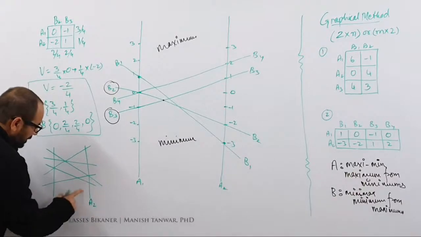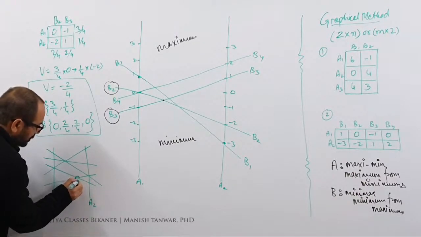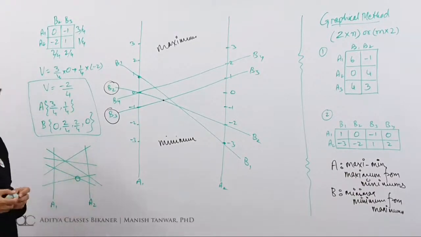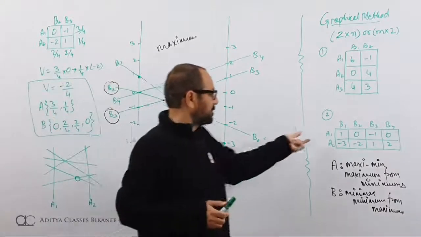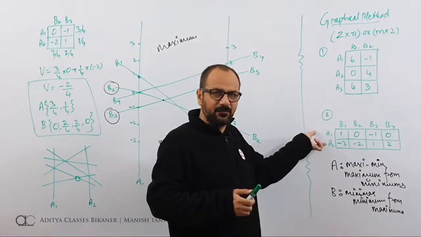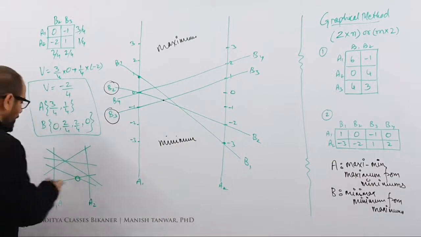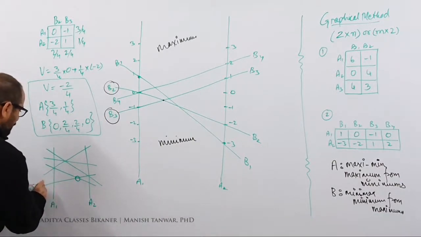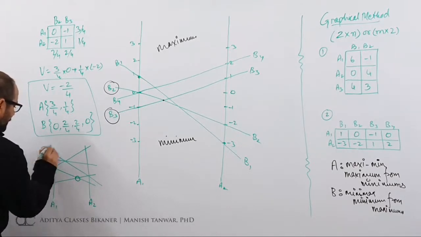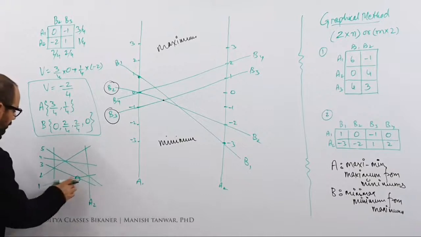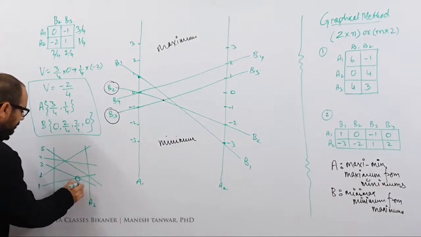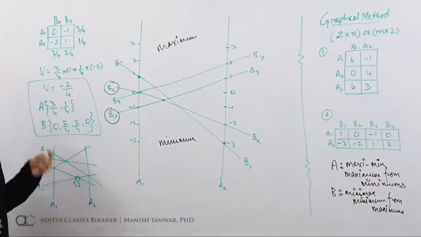This is the minimum area and this will be the maximum point. So if you get a graph like this for strategies of A1 and A2, then definitely I have my best point at this, and you can call these strategies 1, 2, 3, 4, 5. My solution would be first strategy and third strategy, A1, A2, B1, B3.